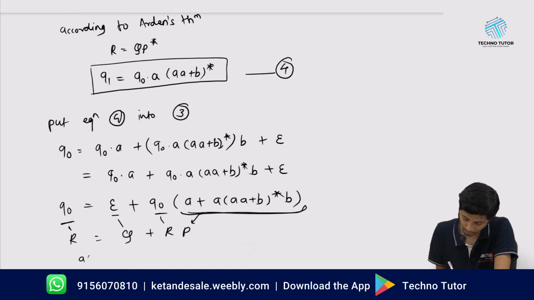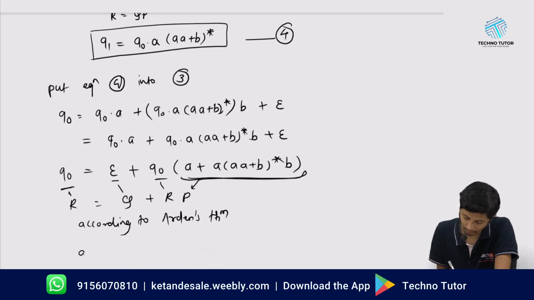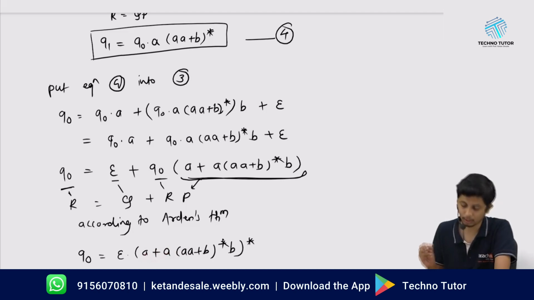Okay, and so according to Arden's theorem, the answer which we will get, Q0 is equal to epsilon into this QP star. So QP star means this A plus A into A plus B raised to star B raised to star.